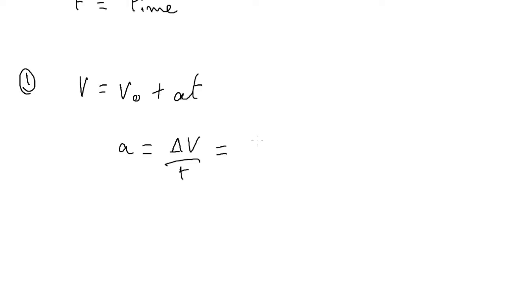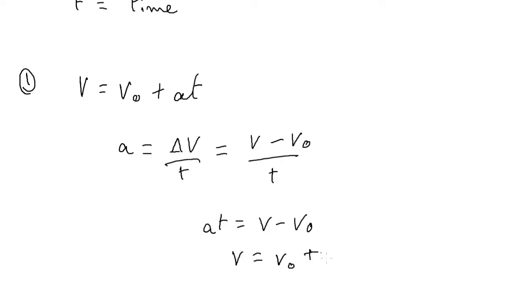Now, this is the same thing as the final velocity minus the initial velocity divided by time. If we rearrange this equation, you can get acceleration times time is equal to final velocity minus initial velocity, and rearrange this again to find final velocity is equal to the initial velocity plus acceleration times time.